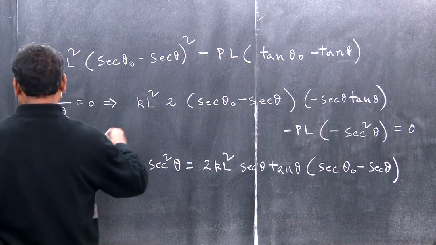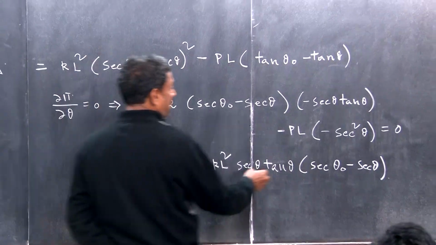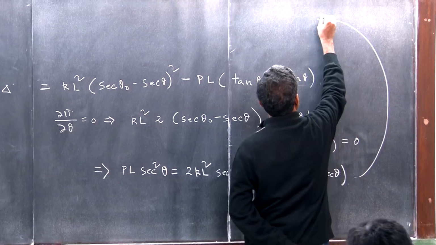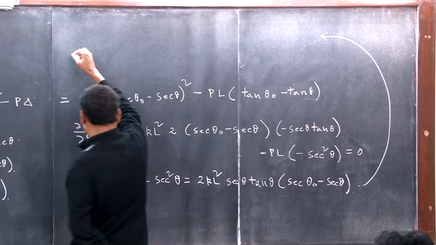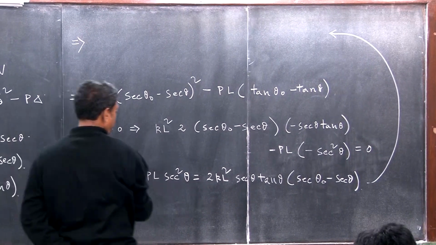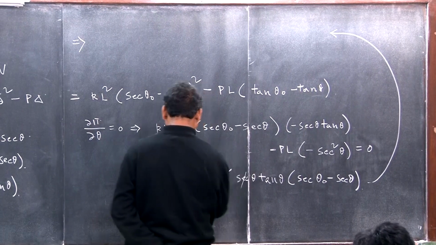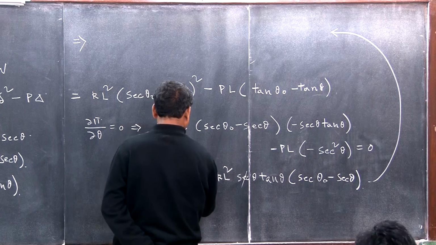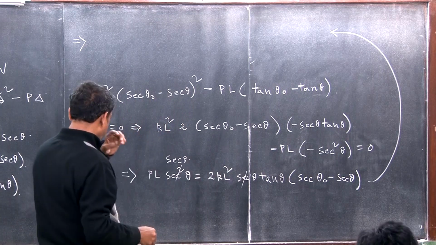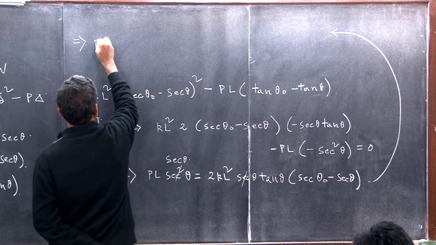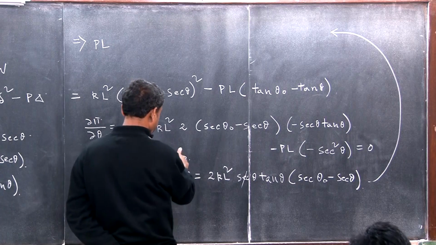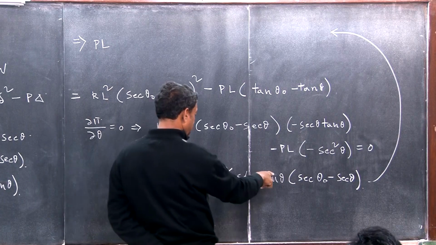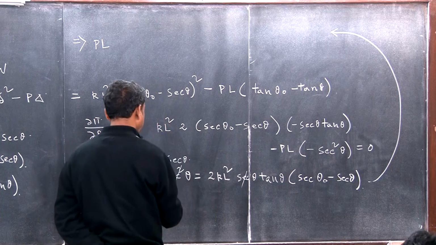Or from here, if I further simplify it, sec theta will just cancel out. So, sec theta means 1 by cos theta, and tan theta is sin theta by cos theta, so cos will cancel out.